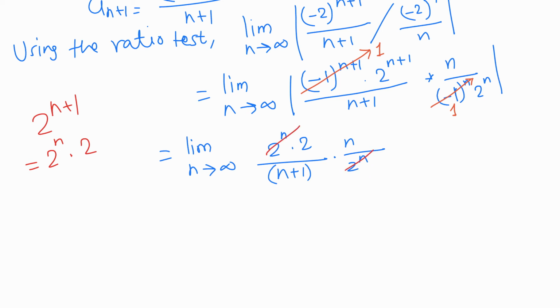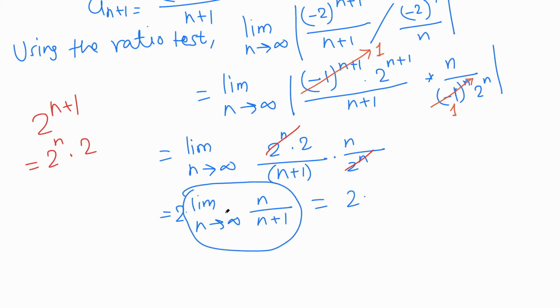Now we can take the limit as n goes to infinity of 2n over n plus 1. This number 2 we can pull all the way outside if we like. That leaves n over n plus 1. Now we want to find this limit. We can think like x on the top and bottom when x goes to infinity.